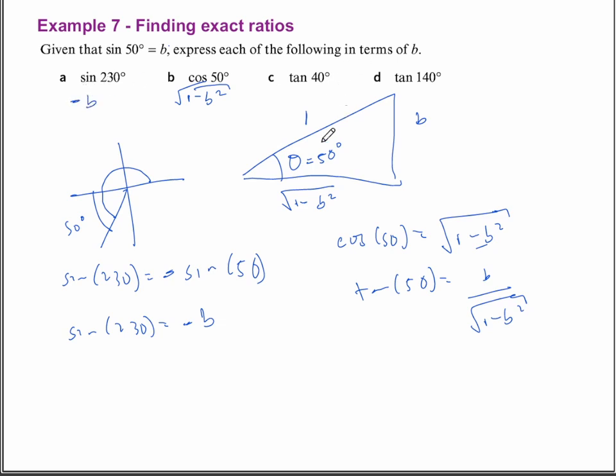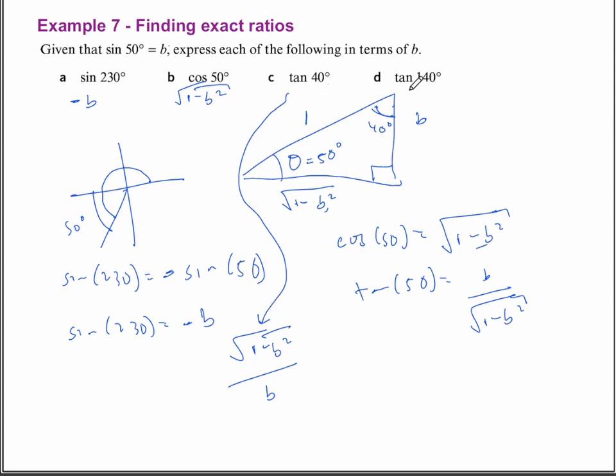Then tan of 40, we can actually use this exact same triangle. Because remember, if one of the angles is 50, and then we have a right angle, that means the other angle is going to be 40 degrees. And tan of 40 is going to be opposite over adjacent in terms of that 40 degrees. So it's going to be root 1 minus b squared over b. That's going to be the value of tan 40.